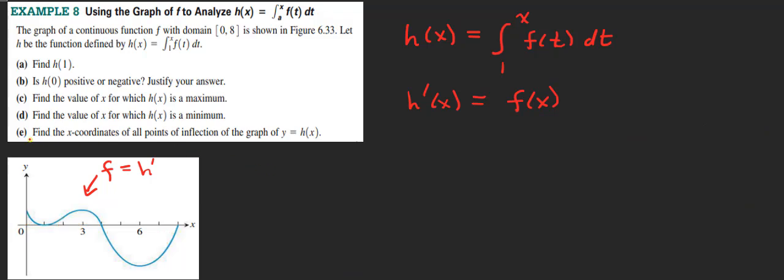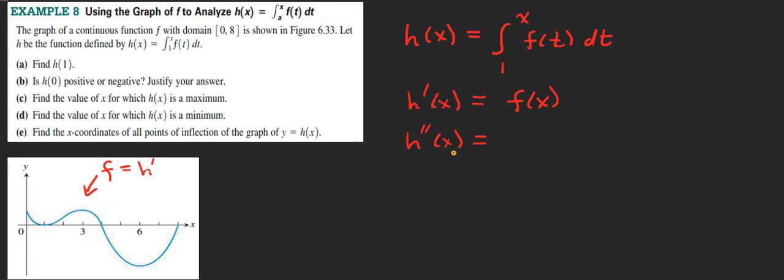Now let's look at part E. Find the x-coordinates of all points of inflection of the graph of y equals h of x. Well, if you want to find the inflection points of h, we need to look at h double prime. And we know that h prime of x is the same thing as f of x.